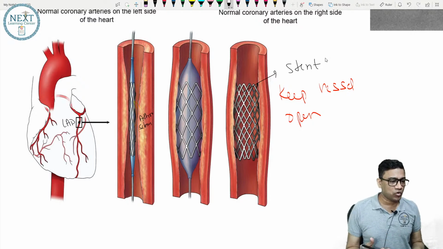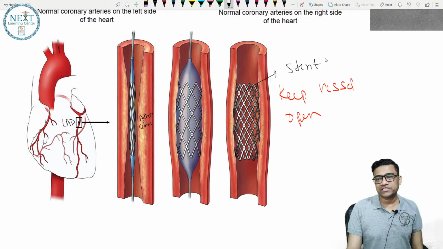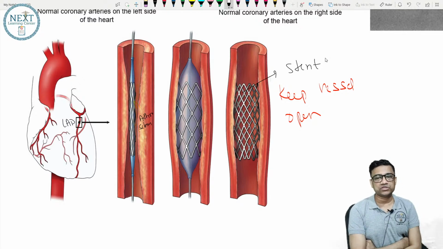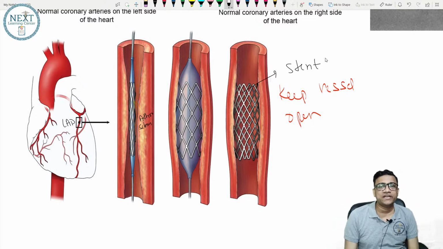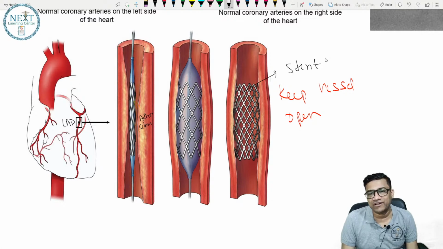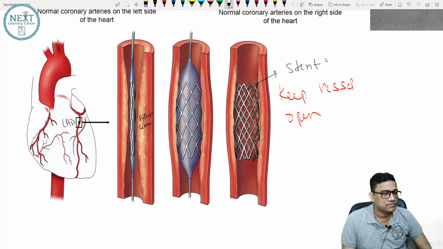When the artery is open, you put a stent. This stent will keep the vessel open. Are you clear? So what will the stent do? Keep the vessel open. Clear now?